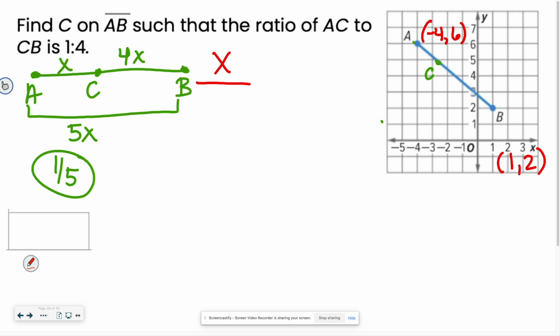Now 1/5 of 5 is 1. So we're going from A, at -4, and you're going 1 this way, right? -4 plus 1 is -3.